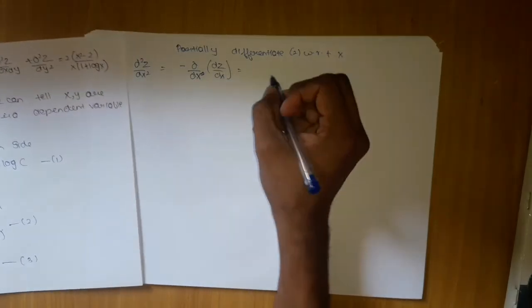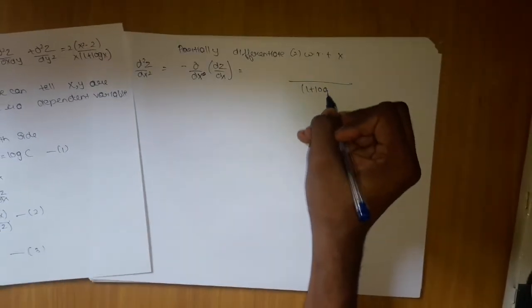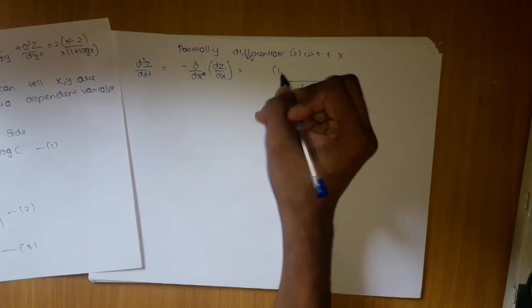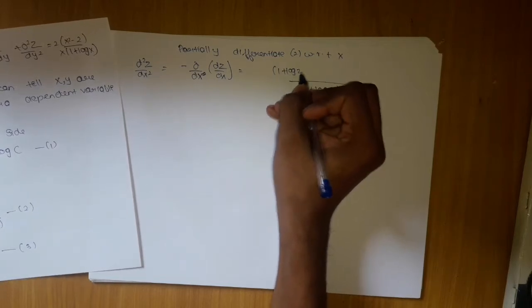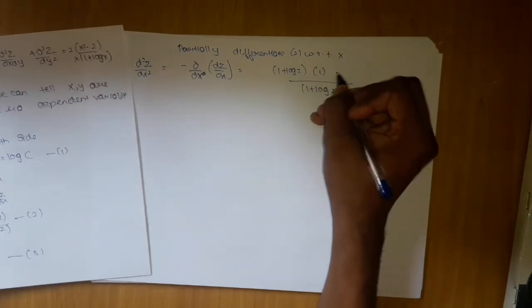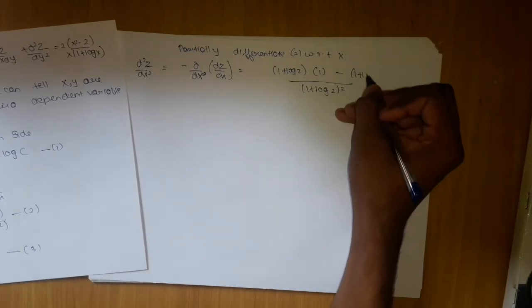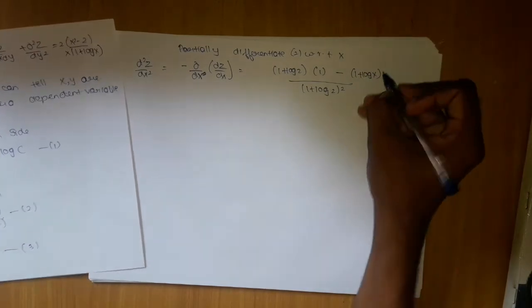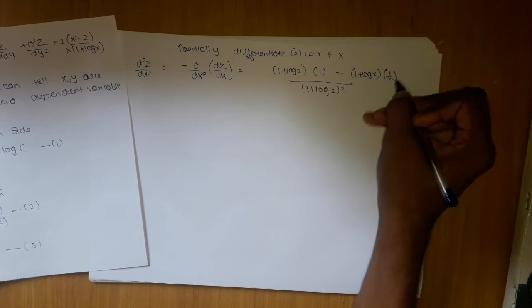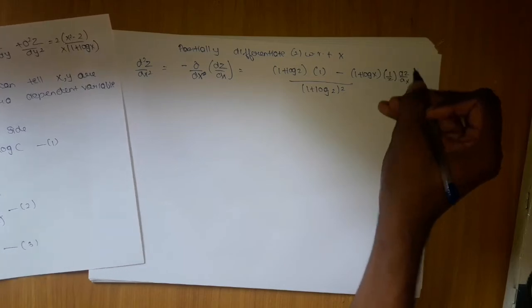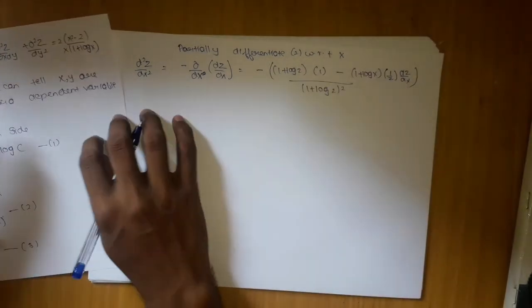Dou z by dou x value we know. If I differentiate it, 1 plus log z is the bottom square into 1 plus log z, minus 1 plus log x into 1 by z into dou z by dou x. Here it will be a minus sign.